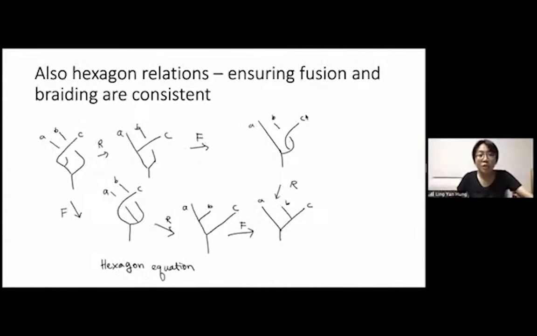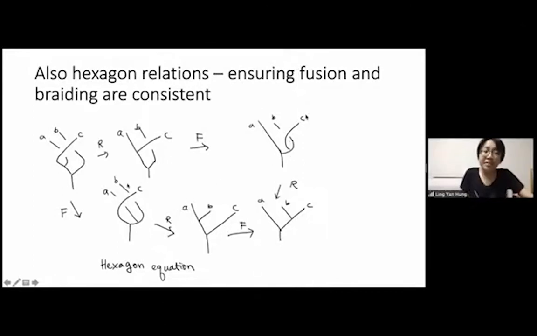Moreover, because you have braiding, so you allow lines to cross over each other, we can play the same game. I can have some crossings, and I can move things around, and I could reach the same picture using two different paths: either braid first and then change the order of fusion, or change the order of fusion and do a braiding.